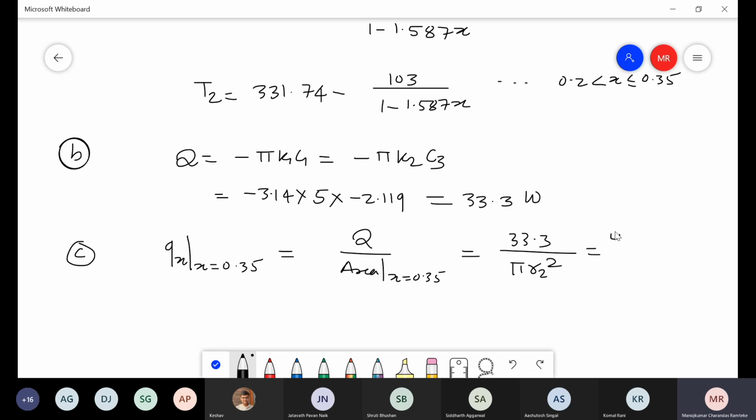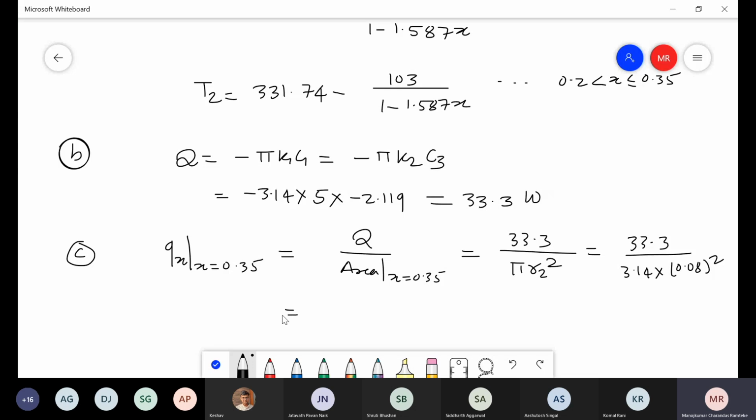So we can just put the values here, 0.33, sorry. The radius is 0.08 square. So what we get is, can anybody find out the values?